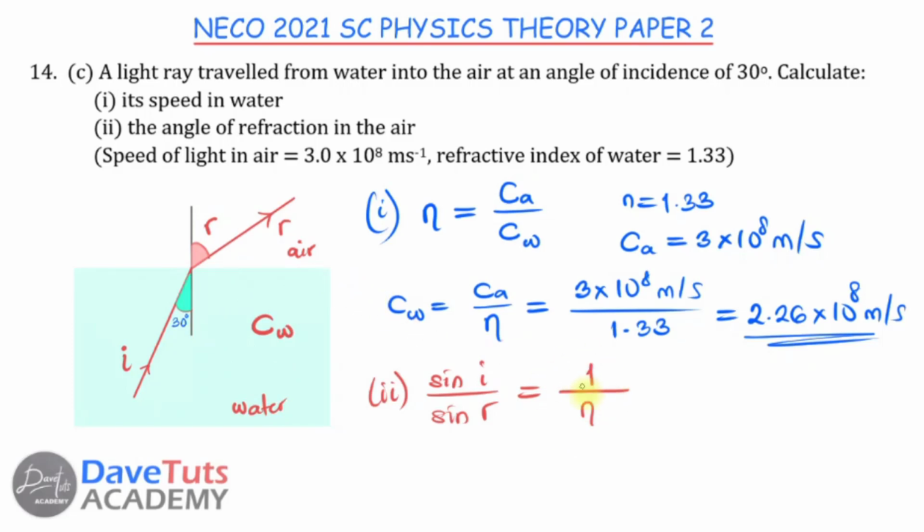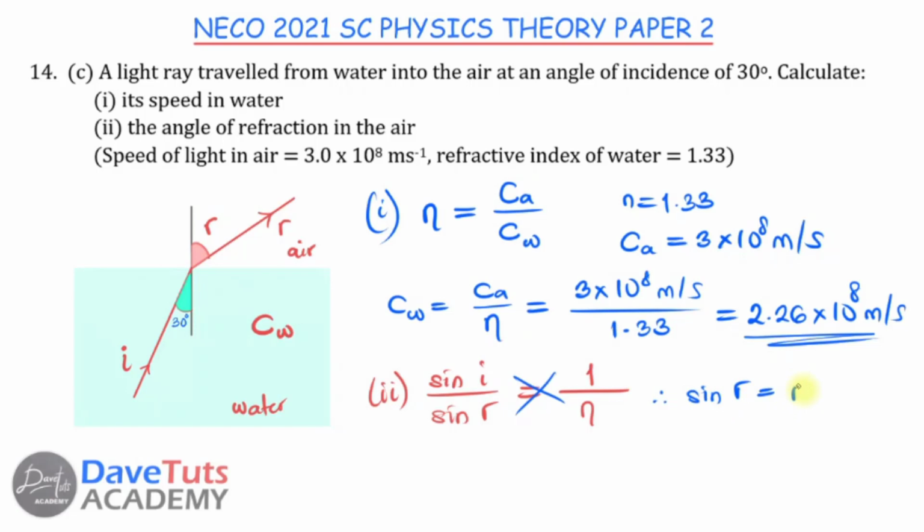That's why we need to reverse this particular refractive index. Originally it is the refractive index of air over the refractive index of water, but since the refractive index of air is just 1, we are good and fine like this. So if we cross multiply, we are looking for sine R. We already have sine I.